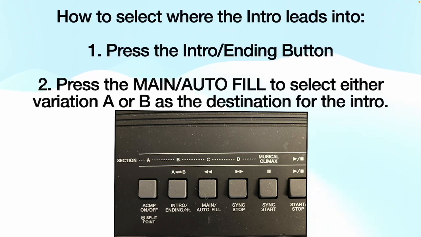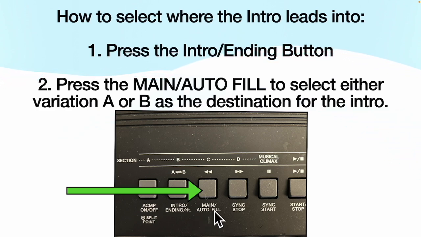So you press the intro button, and then you press this button, the main/auto-fill, and that will toggle back and forth between variation A and variation B. So that's how you tell your keyboard where to go once the introduction is done. You'll use this key right here.